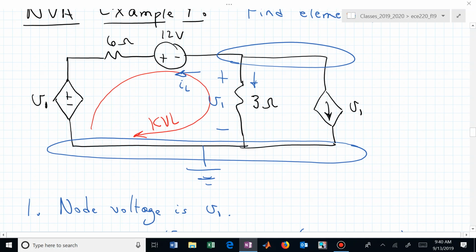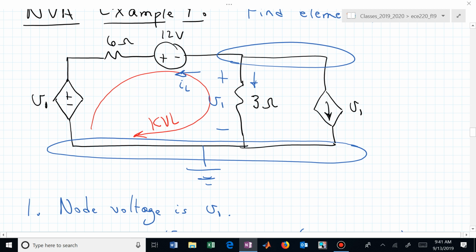Going up through that dependent voltage source is minus V1. In terms of I sub L, what's Ohm's law associated with that 6 ohm resistor? Moving in this clockwise KVL direction, I'm minus V1 going up from the lower left-hand corner.